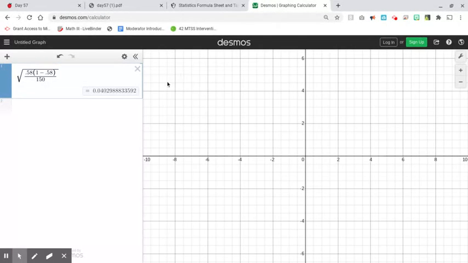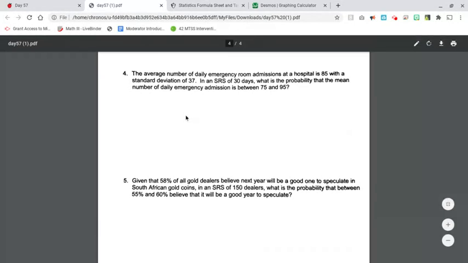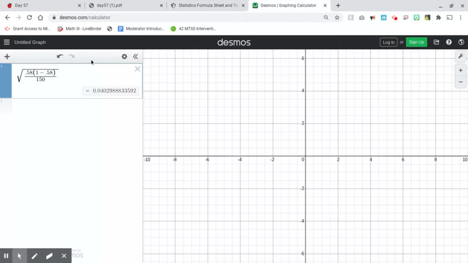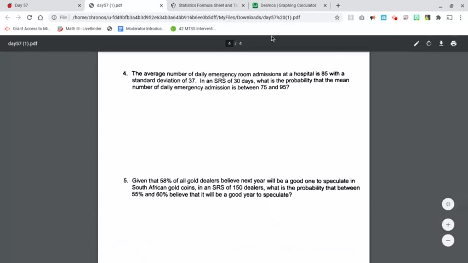So that gives us a standard deviation of 0.0403. So very small standard deviation there, 0.0403. So now we can do normal CDF from 0.55 to 0.60 with a mean of 0.58 and a standard deviation of 0.0403.